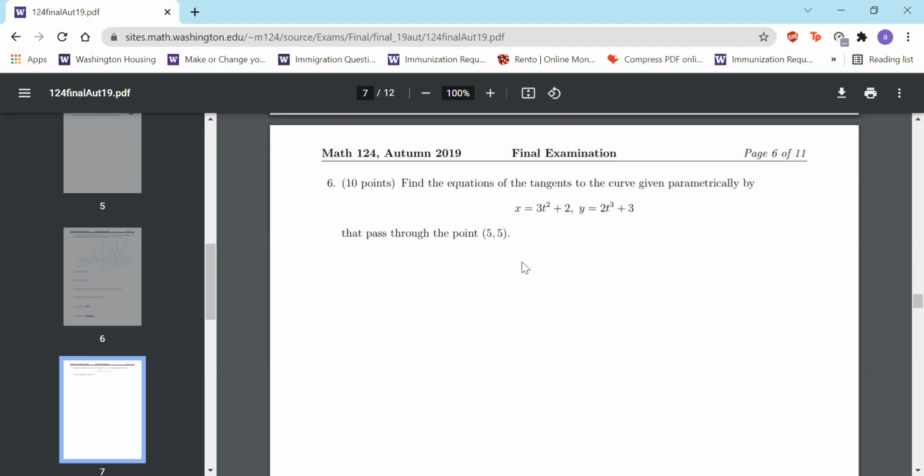Then we find y prime of t and x prime of t. So dy/dx is 6t squared over 6t, and then we simplify, so dy/dx is t.